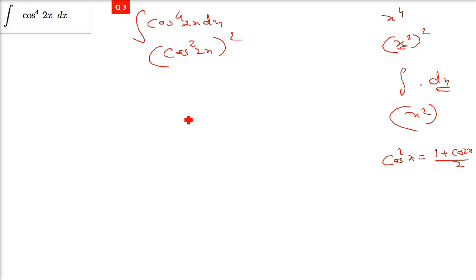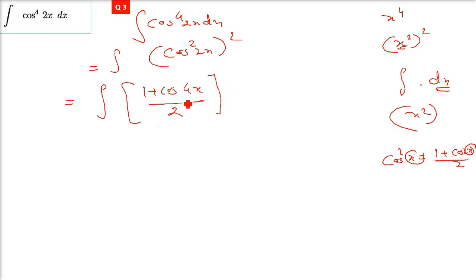Just remember, whatever theta is on the left, the angle on the right hand side will be twice of that. So this will be 1 plus cos, and what will be the angle inside? Since we are using cos square 2x, it has to be cos 4x. So 1 plus cos 4x divided by 2 and whole square of that, and dx is already there.